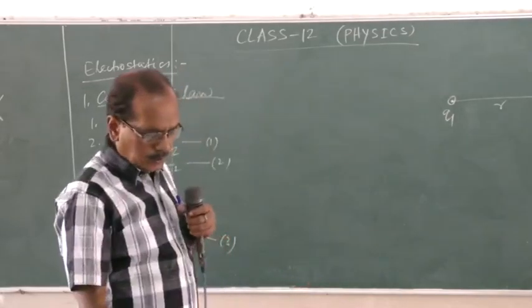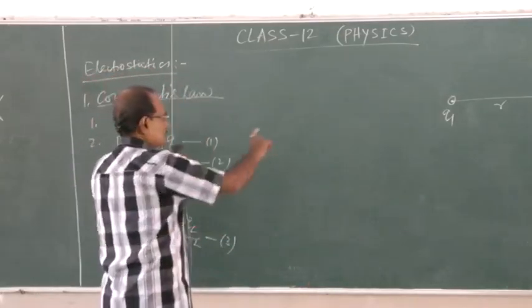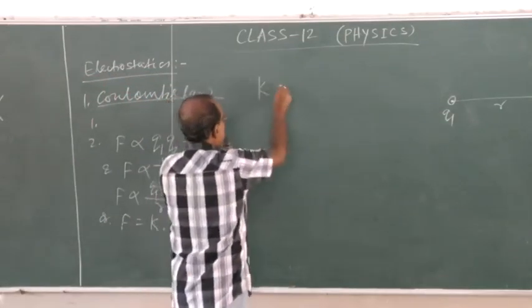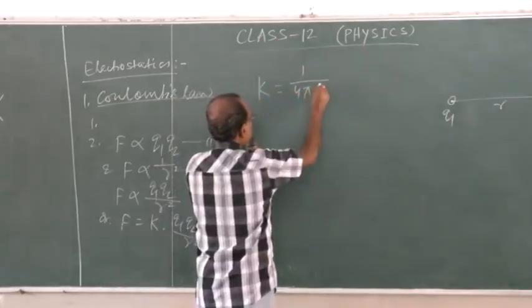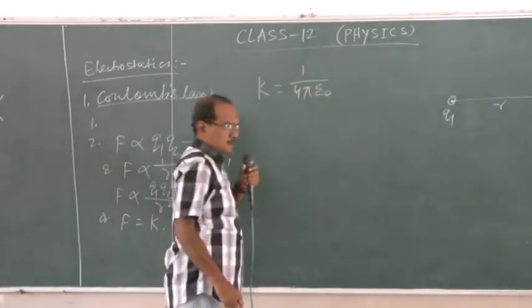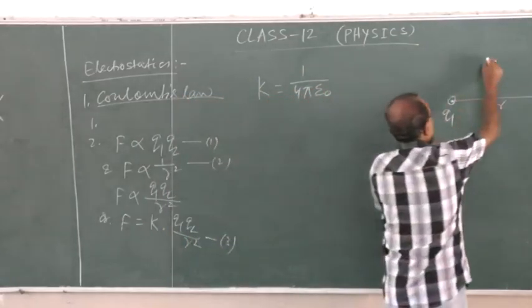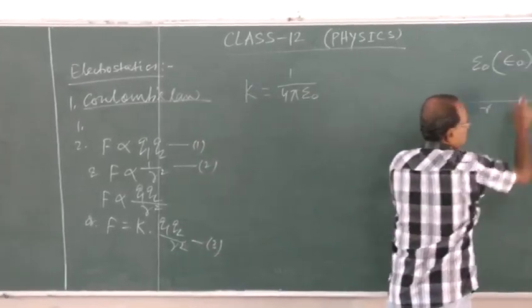Now, first of all, if Q1 and Q2 are kept in free space, then the value of K will be taken as 1 by 4 pi epsilon naught. This epsilon naught I am writing in this way, but in your book it is written in this way.